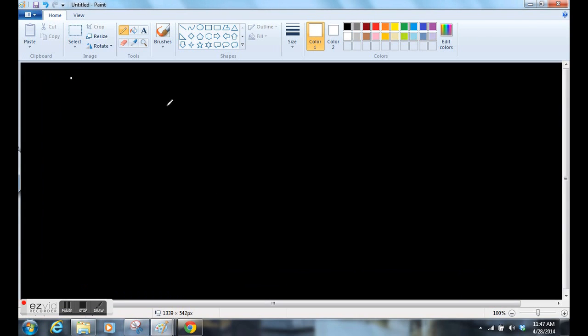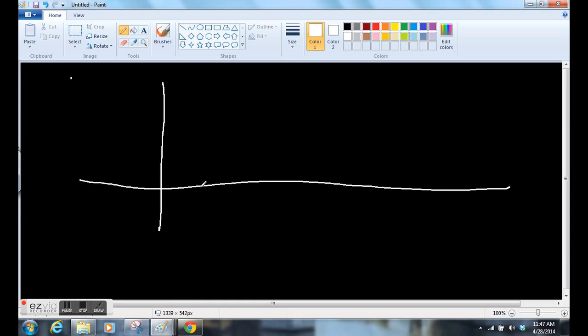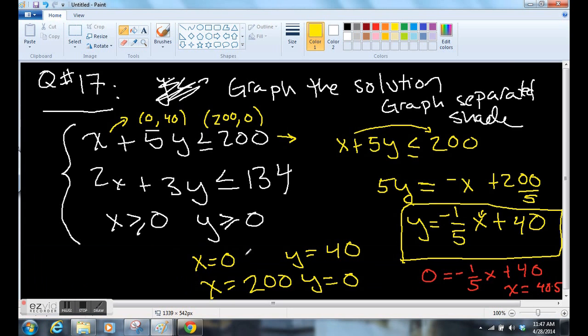It's going to be a little boring, but I'm just going to show you. So I'll say 50, 100, 150, 200, like that. I want to show you that sometimes when you're graphing these, they don't have to be perfect. So our points, again, were 0 and 40, and then 200 and 0.